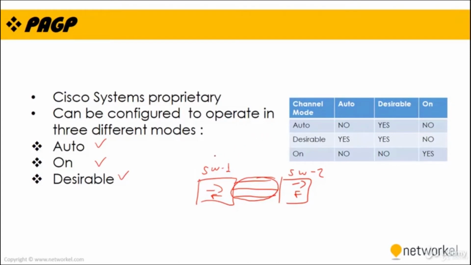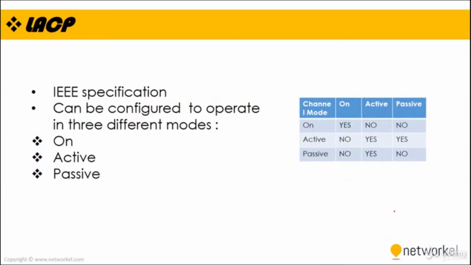If I'm using the channel mode auto on switch 1, to create an EtherChannel I need to choose desirable for switch 2, because if I'm using auto, I cannot use auto or on on the other side. If I'm using, for example, desirable on this side, I should use auto or desirable on switch 2 to create an EtherChannel by using PAgP.